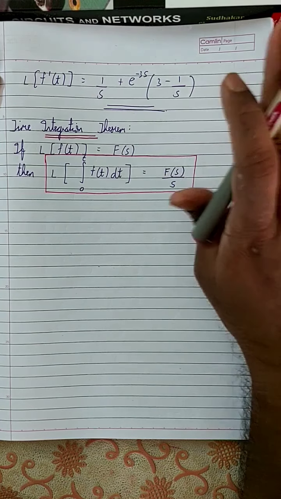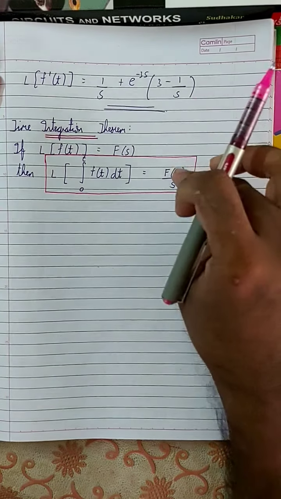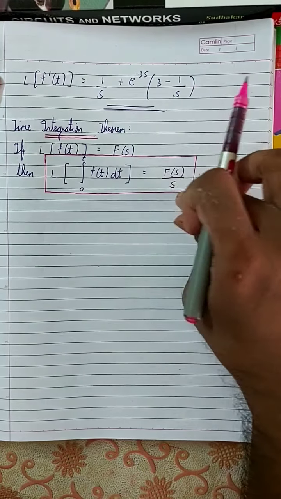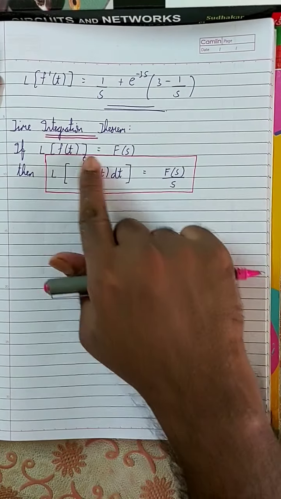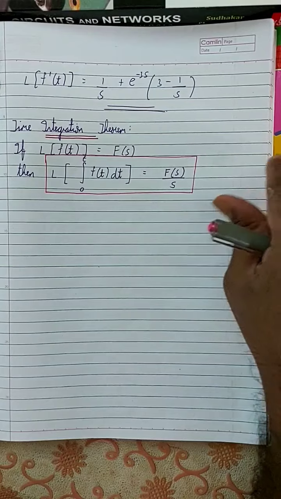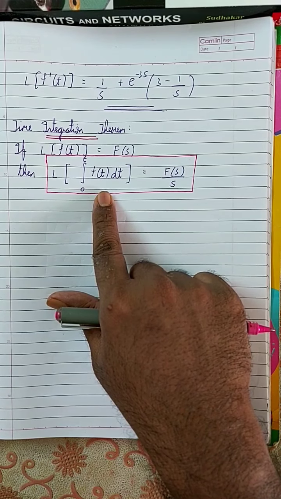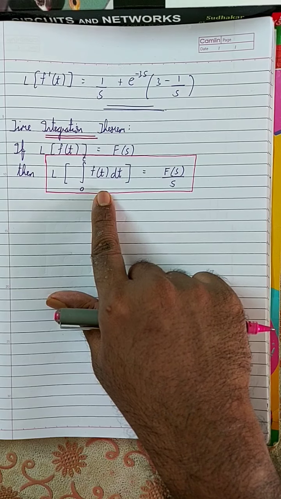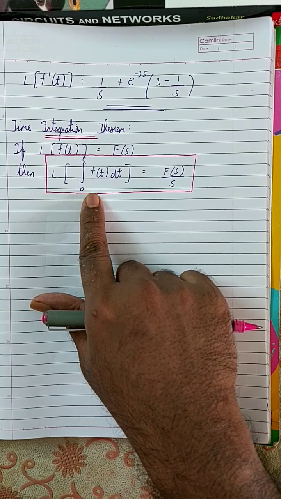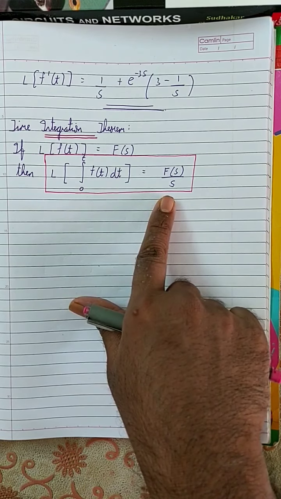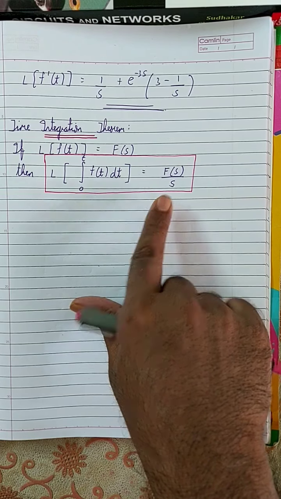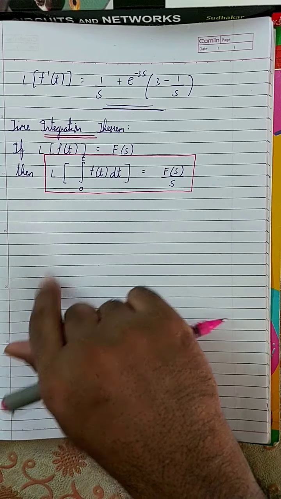That's all. Simply divide your Laplace transform by s, that is equivalent to the integral from 0 to t of f of t dt. So basically this is also simplifying your time domain signal. If you are doing an operation of integration in the time domain, it's equivalent to dividing your Laplace transform by s. So this is another advantage of the Laplace transform.